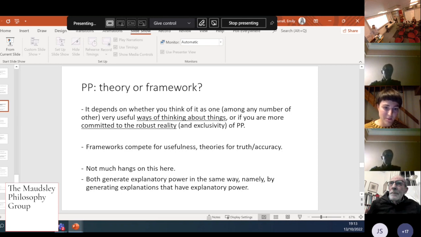But it struck me as maybe this is more of a paradigm than a theory. And I suppose maybe that's another word for a framework. But it would be interesting to hear your reflections on that.